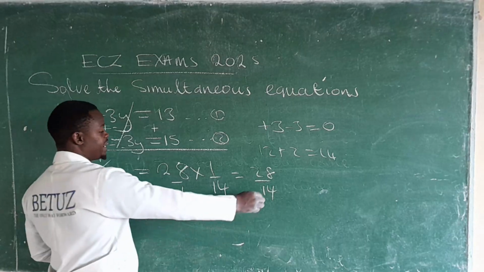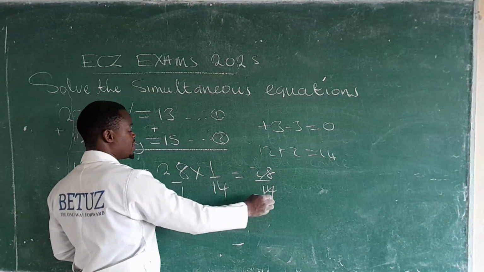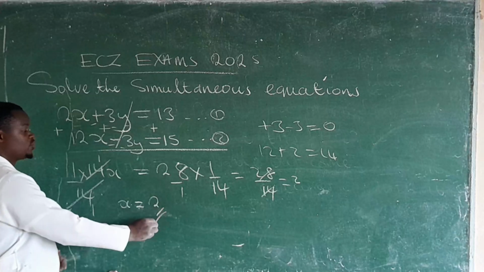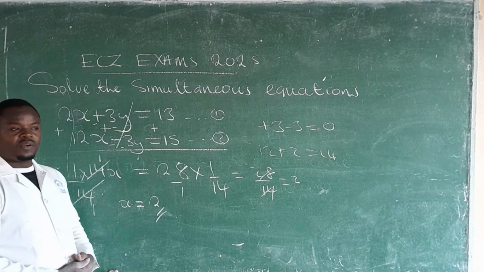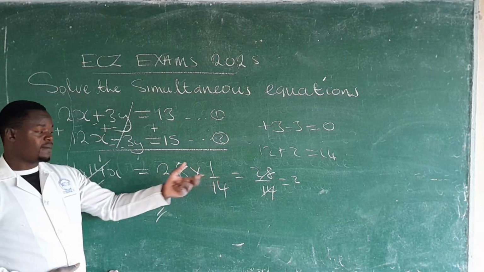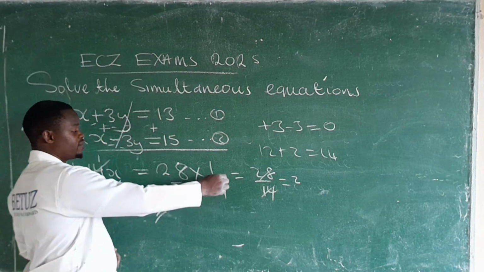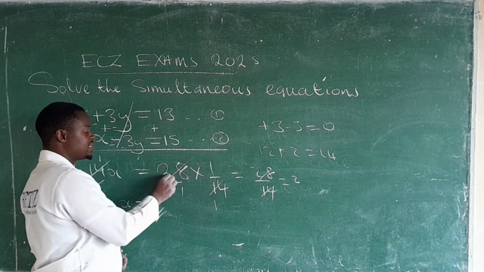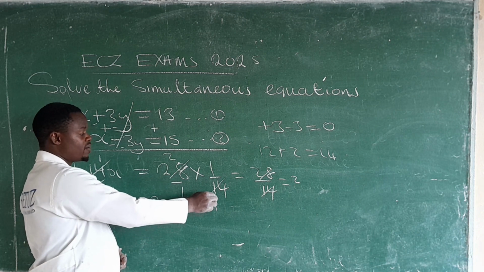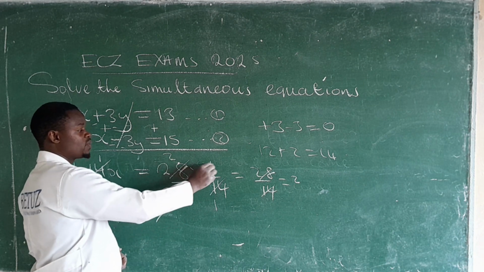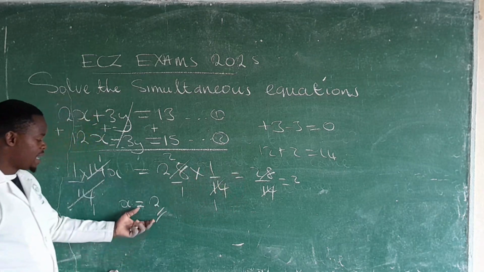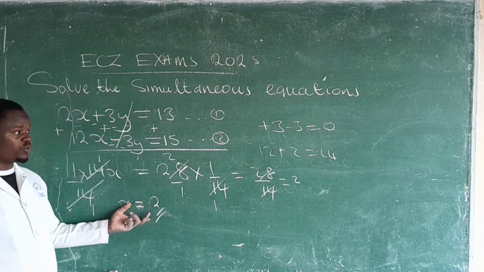And then we divide 14 into 28, which gives us 2. We could have simplified these things before that by simply saying 14 there, 1; 14 there, 2. So x is equal to 2.